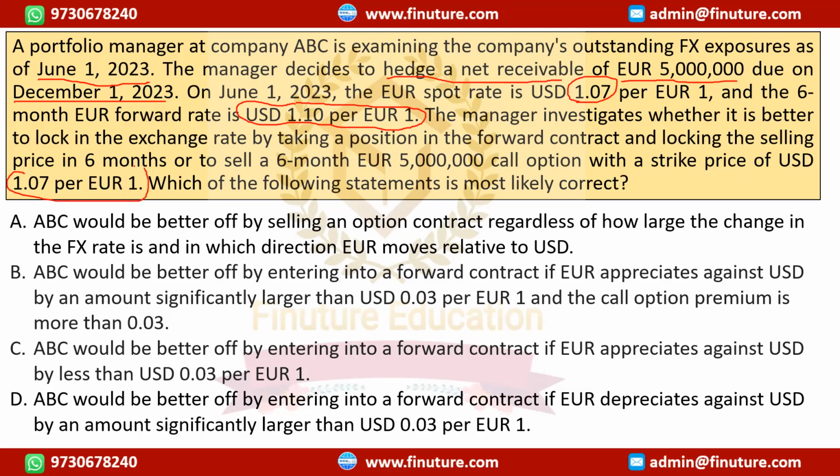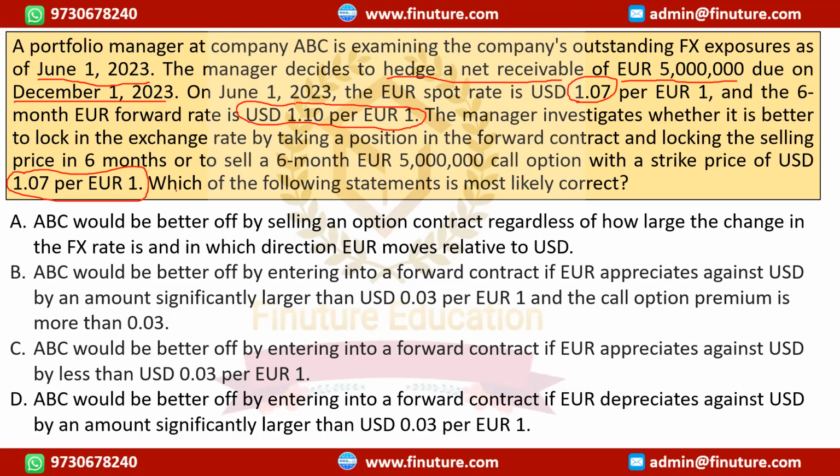If you notice, a very important point is that the option is at the money. The current spot price is 1.07, and the option that he's trying to sell is at the same price. So he would eventually earn a bit higher premium. That's just for your information.